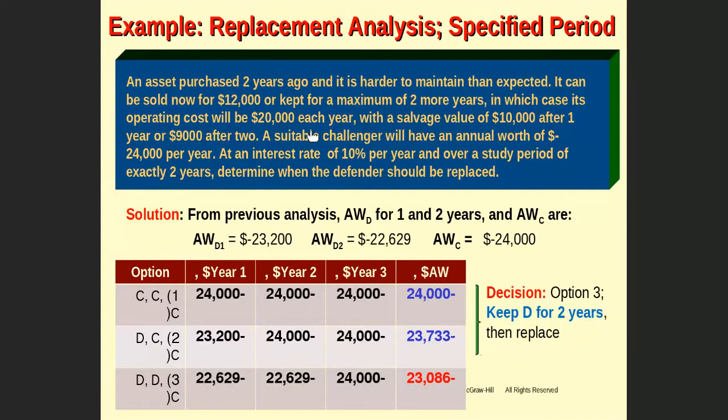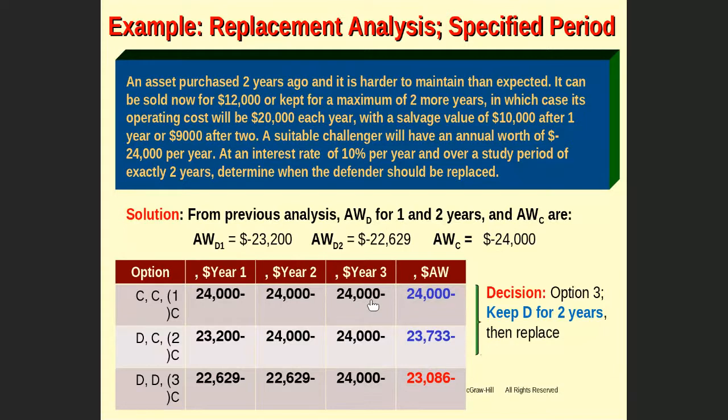So in option 1, we have the challenger replacing the defender now, and that means for year 1, year 2 and year 3, the annual worth will be 24,000, because what you have is the challenger cost, and the defender is already gone.